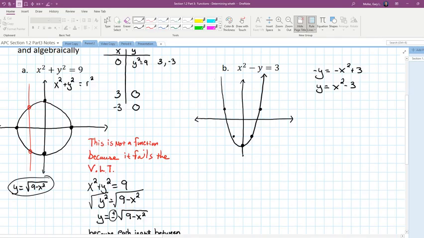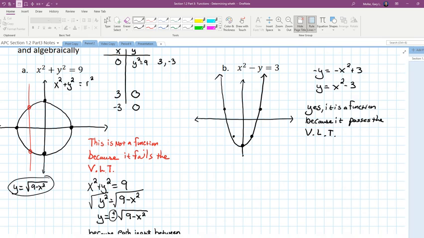And so I would say, yes, it is a function because it passes the vertical line test. And algebraically, I've already kind of done the work.